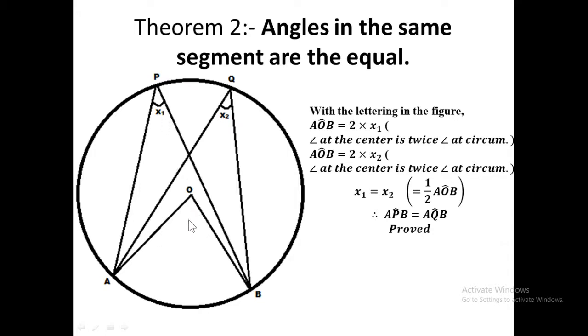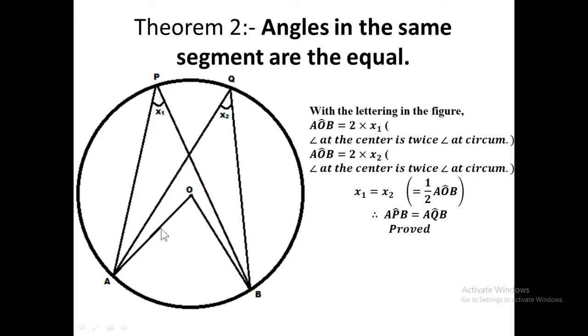Also, this angle AOB is twice the angle x2. So, with the lettering in the figure, angle AOB is 2 times x1, the reason being that the angle at the center is twice the angle at the circumference, and angle AOB is also 2 times angle x2, for the same reason. So x1 and x2 are equal because they are both half of the angle AOB. So the angle x1 is equal to angle x2.